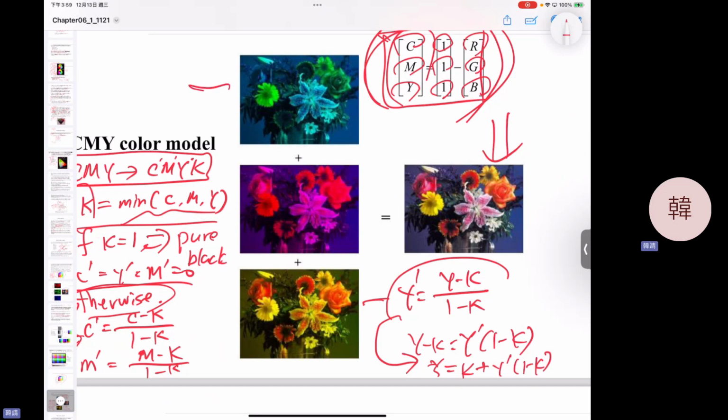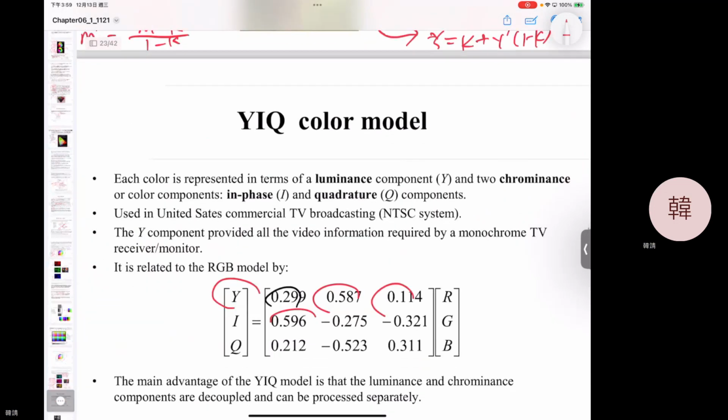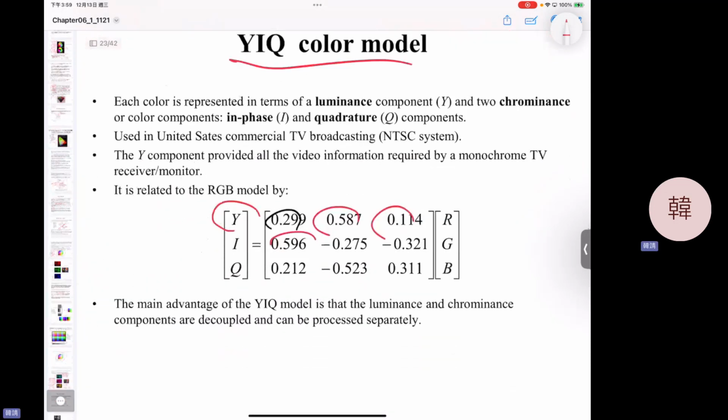So we get these three images. You can look at the cyan, magenta, and yellow components of this one. The YIQ color model is a TV system. They are very important for gray level, very accurate gray level, so it is not 1/3 of each.